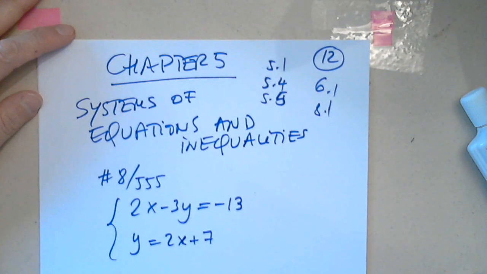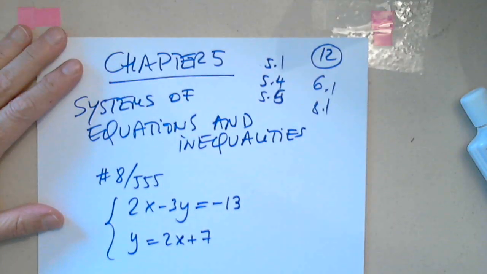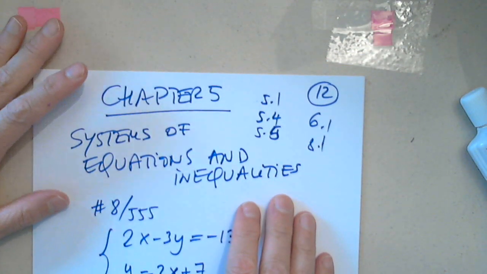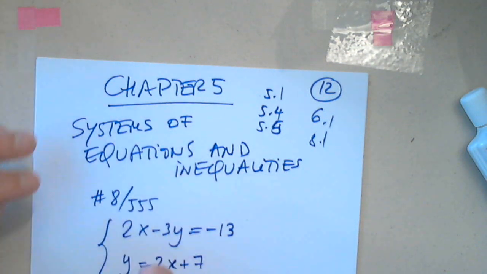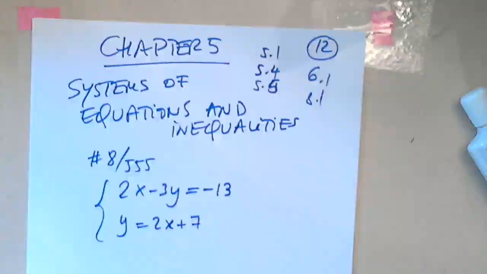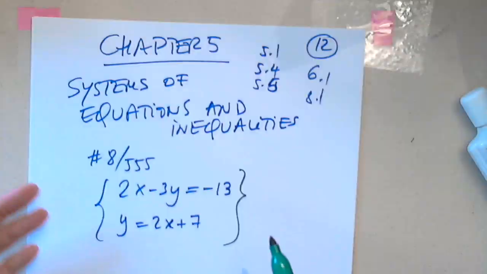Okay. So first of all, what is a system? Let's talk about the title. We know what equations are, we know what inequalities are, but what is a system? A system is when 2 or more conditions are put together.